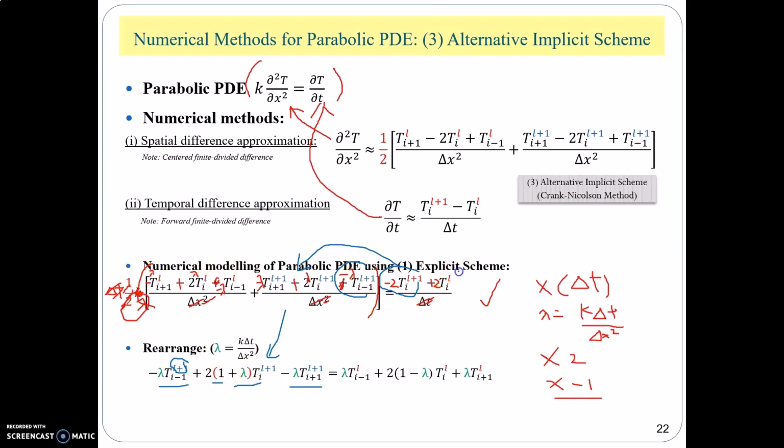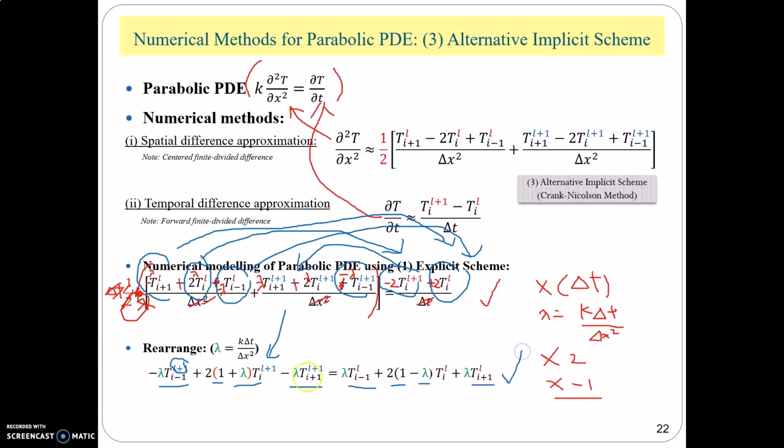So on the right hand side, you have 2 T(i), this term, and then you have negative lambda T(i+1). When you move to the right hand side, you obtain positive T(i+1), which is this term. So let's move 2 lambda T(i) to the right hand side, you obtain negative 2 lambda, which is this term. And then for this term, you have negative lambda T(i-1). When you move to the right side, you obtain positive. So with that, we succeed in obtaining this equation.